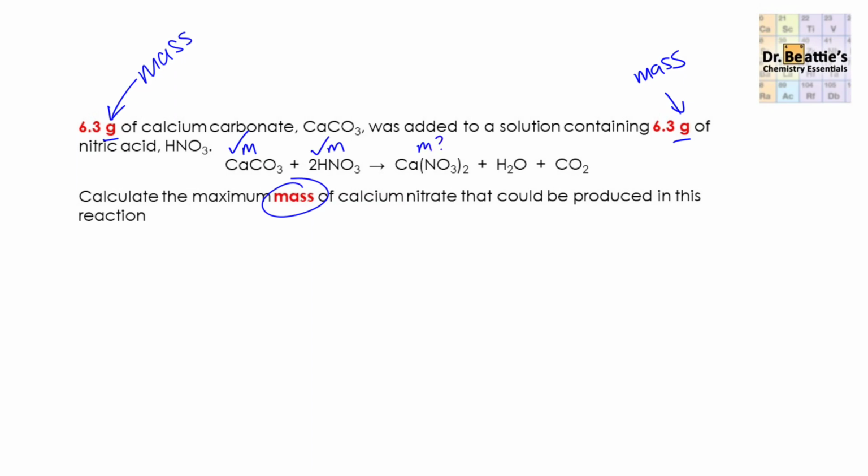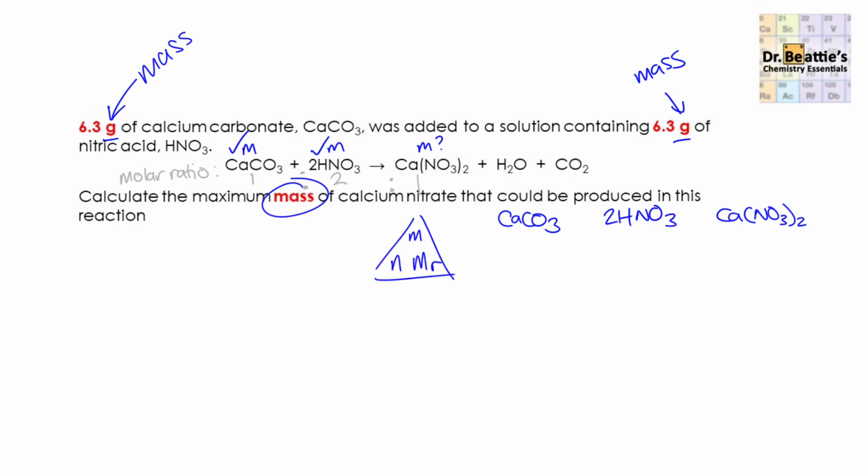And so whilst we use the molar relationship here, which was 1 because there's 1 calcium carbonate to 2 nitric acid gives 1 mole of calcium nitrate, our grid for working this out would involve the triangle: number of moles equals mass over Mr. And so our calculation grid will look like this: mass, and you would fill out obviously the information that you've got.